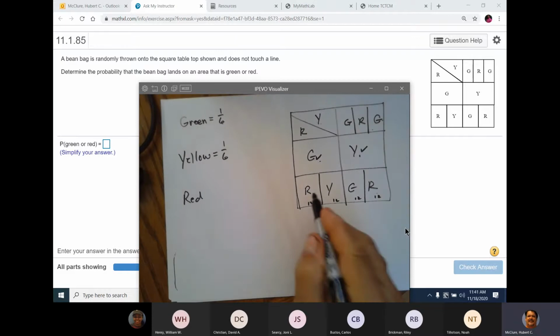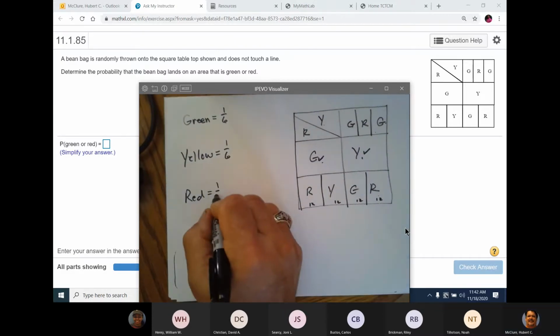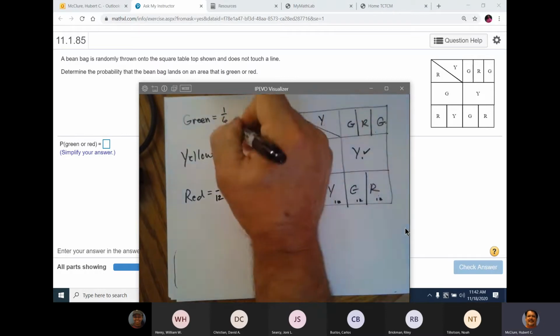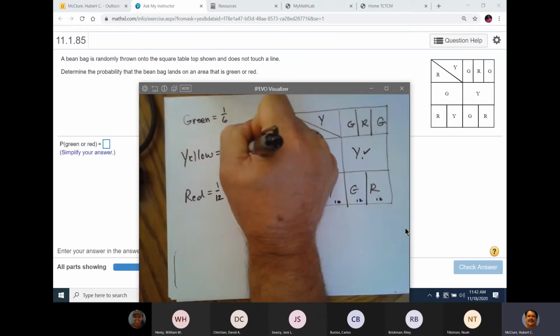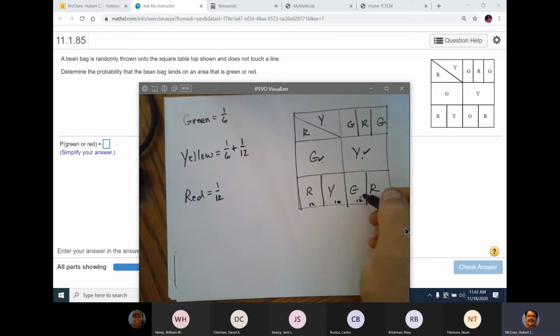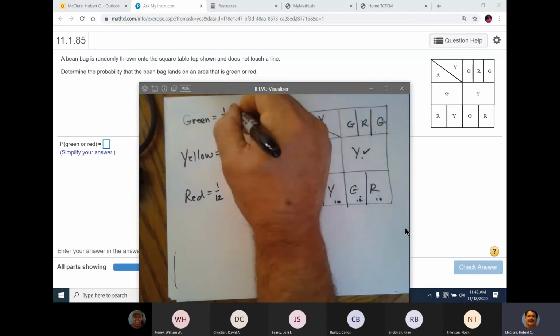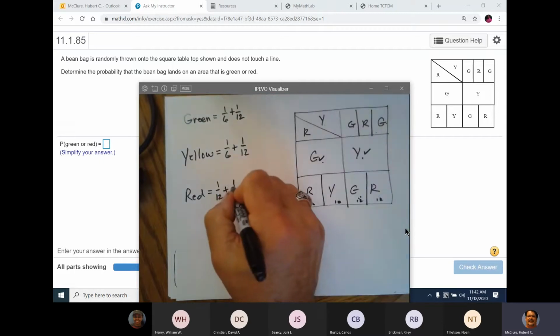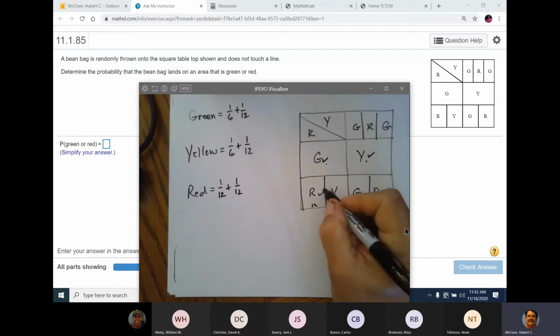Okay, so 1 out of 12 is red. 1 out of 12 is yellow. Green is 1 out of 12. Okay, what did I just do? Red, yellow, green, and red is 1 out of 12. So we just did these.